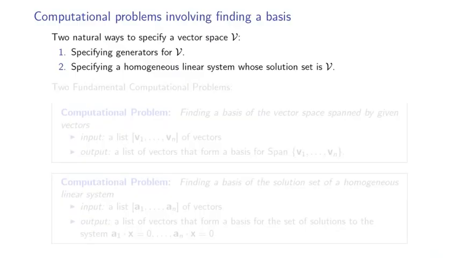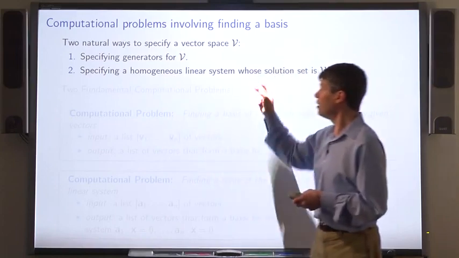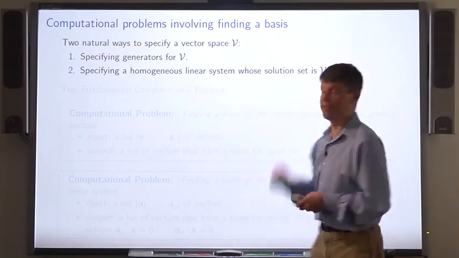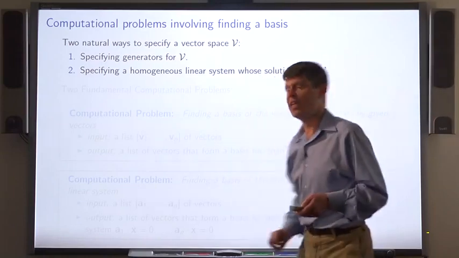There are two natural ways to specify a vector space. One is by specifying generators for that vector space, and the other is specifying a homogeneous linear system whose solution set is the vector space. So this raises two fundamental computational problems.